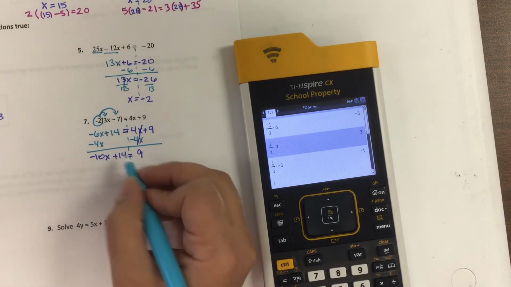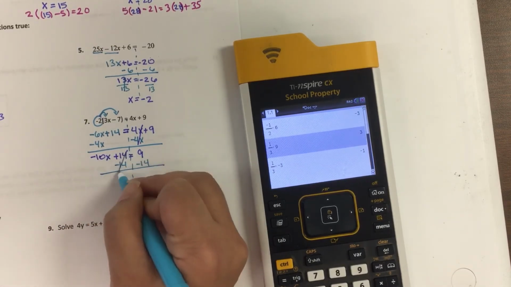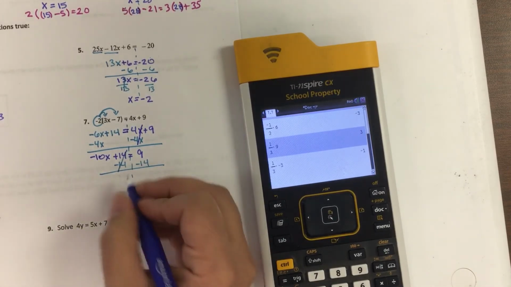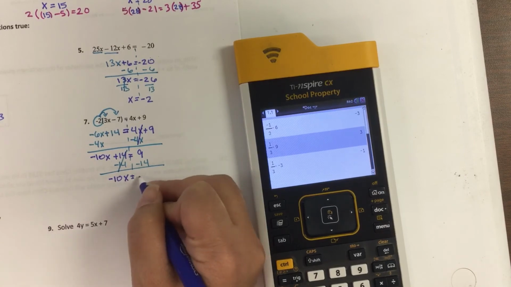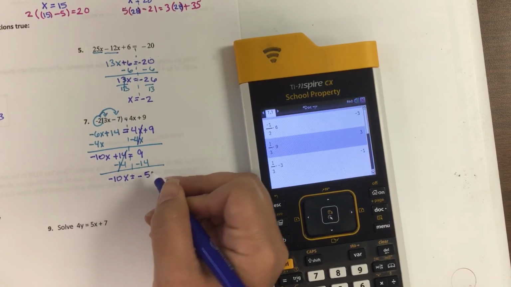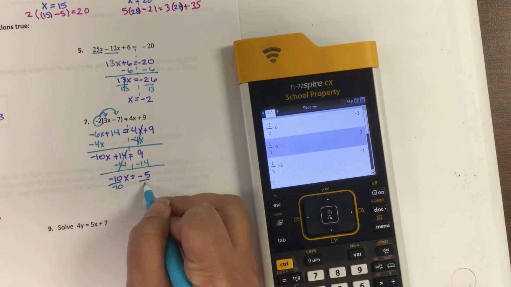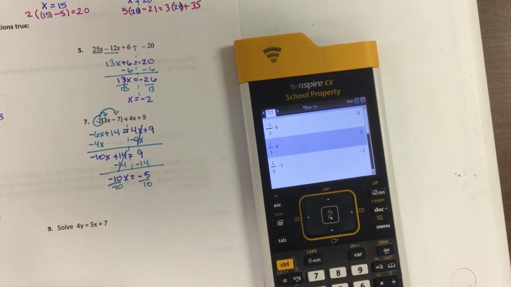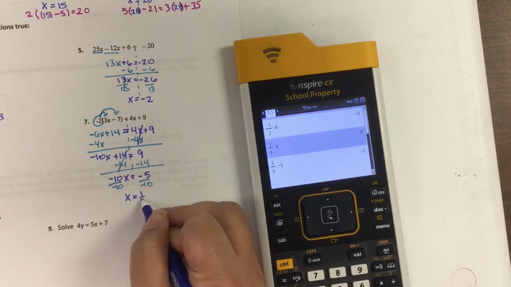Next step would be to subtract 14 from both sides. The 14's on the left are gone, but that leaves me with negative 10x equals negative 5. Last step would be to divide everything by negative 10. And when I do that, I am left with x equals positive 1/2.